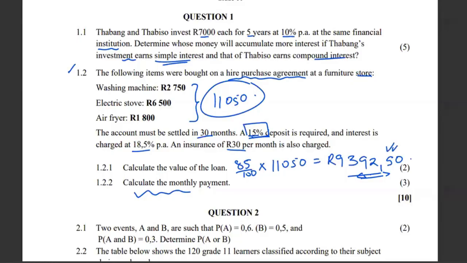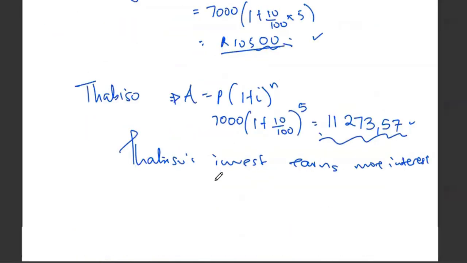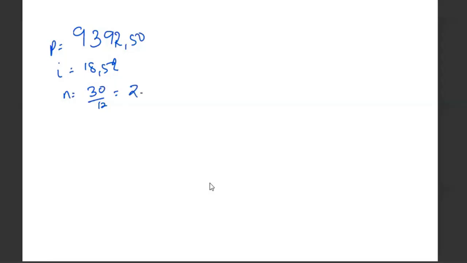This amount borrowed is going to attract interest at the rate of 18.5% for a period of 30 months. So 9,392.50 is going to be our P value, the interest rate is 18.5%, and our period is 30 over 12, which is 2.5 years.